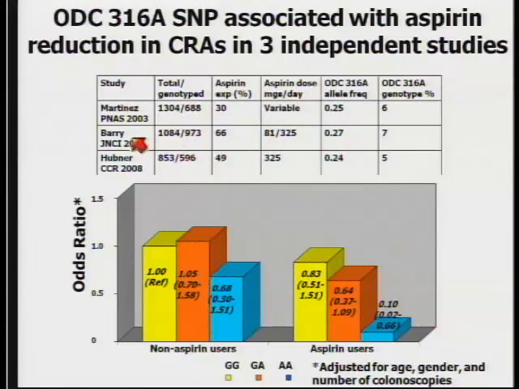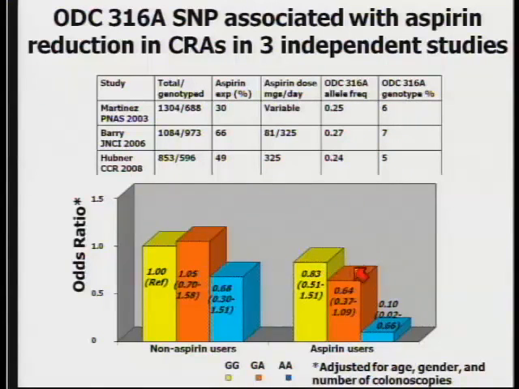These lower two studies, Elizabeth Berry's study and the Huebner study, were prospective randomized studies of aspirin intervention. And you can see the numbers here of patients in the trials, the numbers genotyped, over 2,000 patients genotyped, similar ODC A-allele frequencies, the overall frequency of the genotype in the populations. These are all three predominantly Caucasian populations.